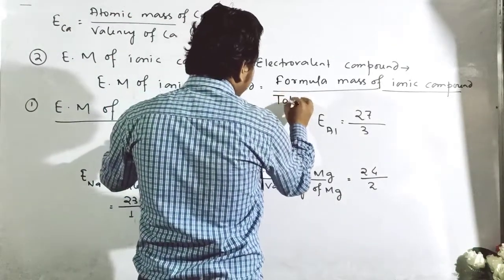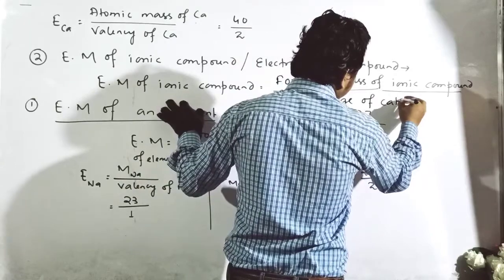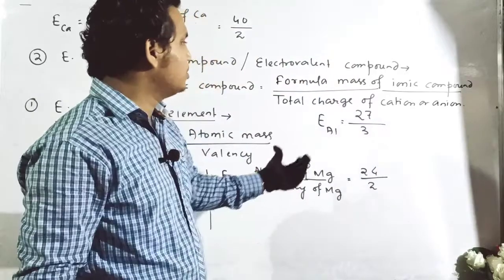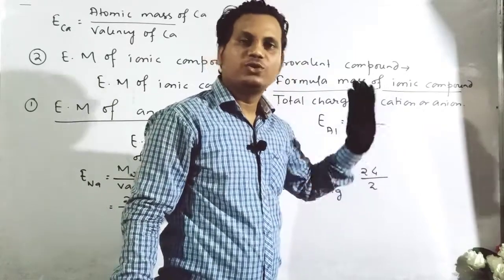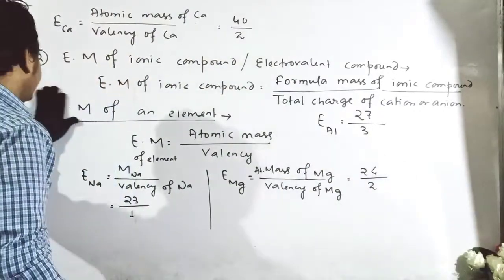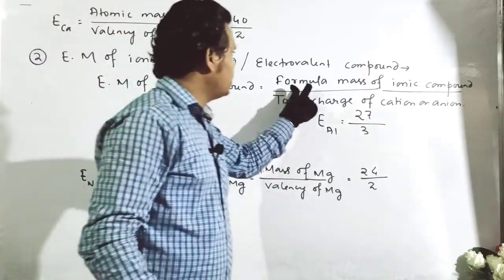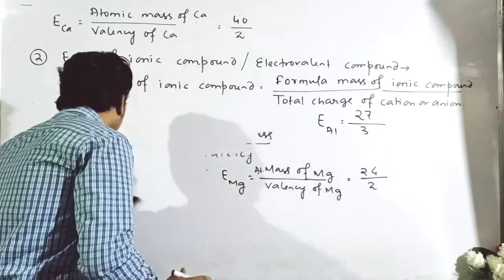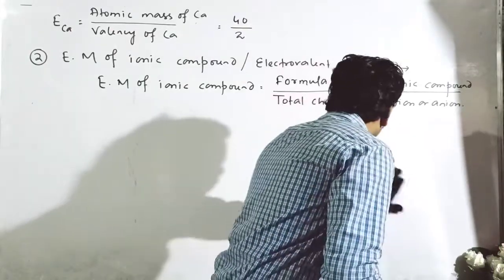Any one, because whatever be the charge on the cation, the same charge will be on the anion. So charge on cation or anion are equal, so any one charge we have to take. And the mass of an ionic compound or electrovalent compound is called formula mass.